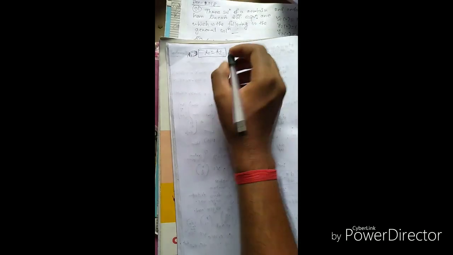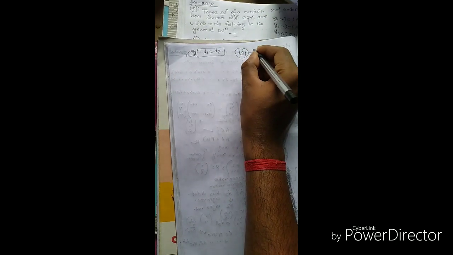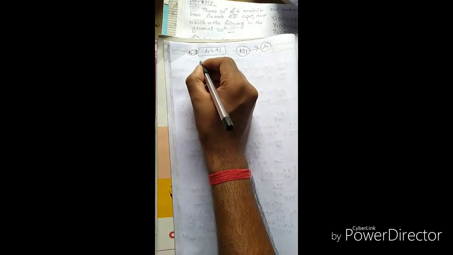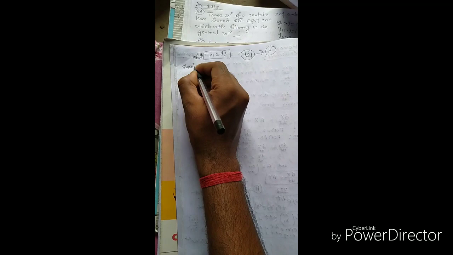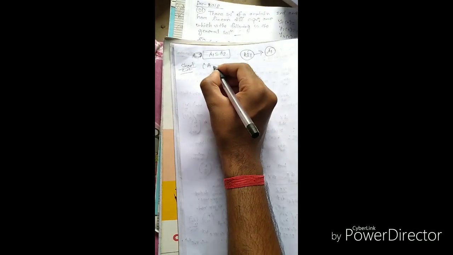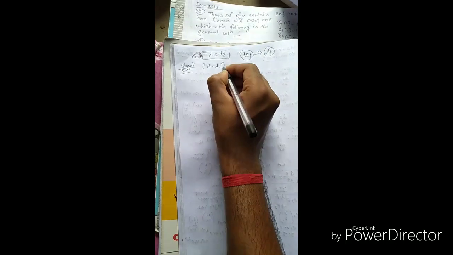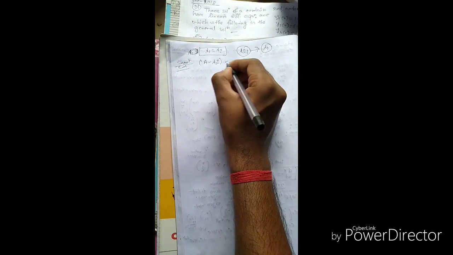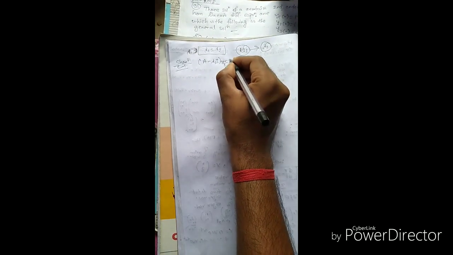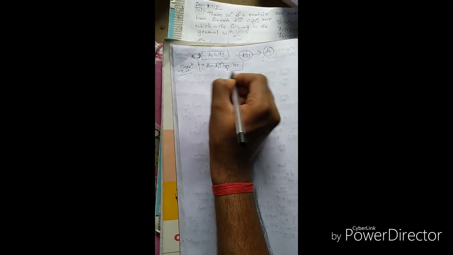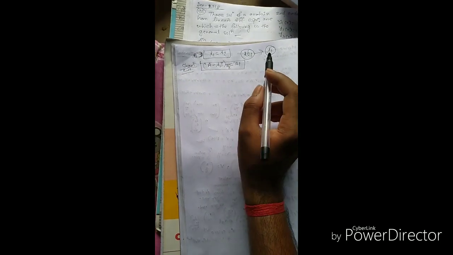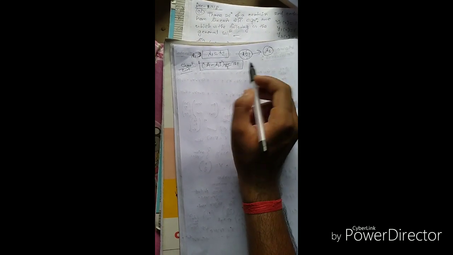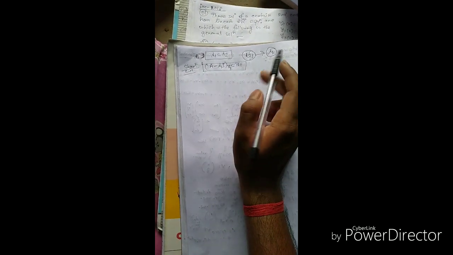Suppose v1 is the eigenvector corresponding to the eigenvalue lambda 1, then how to calculate v2? This is a shortcut method: (A minus lambda 1 I) v2 equals v1. Since lambda 1 and lambda 2 are equal, you can use lambda 1 or lambda 2. Use this formula and calculate v2.